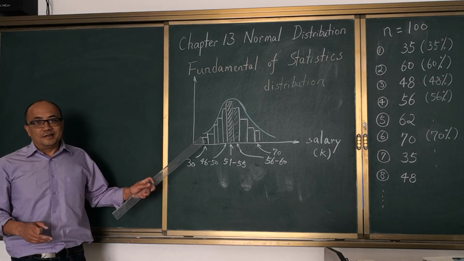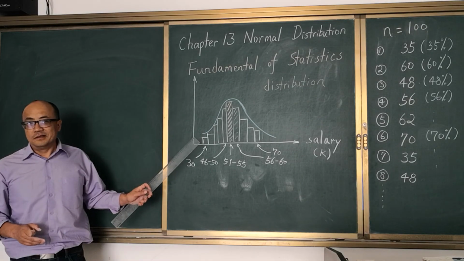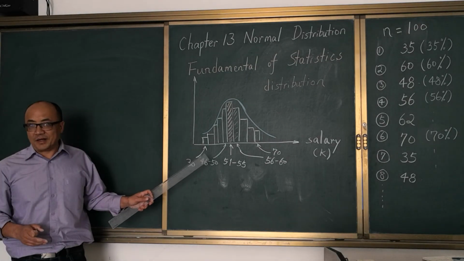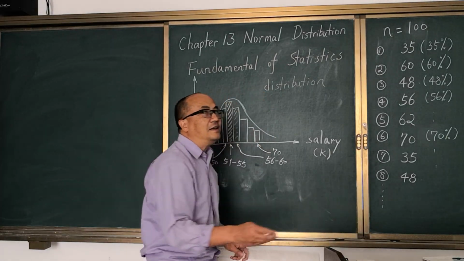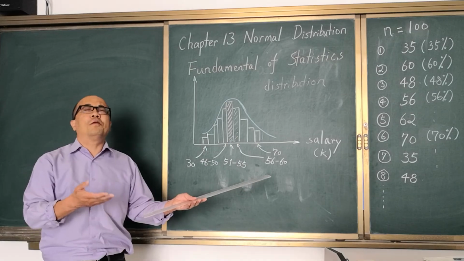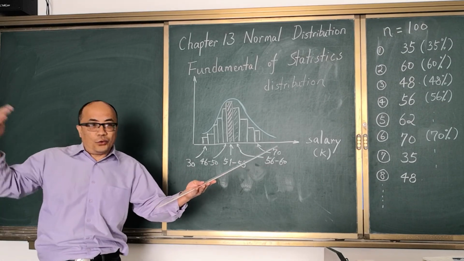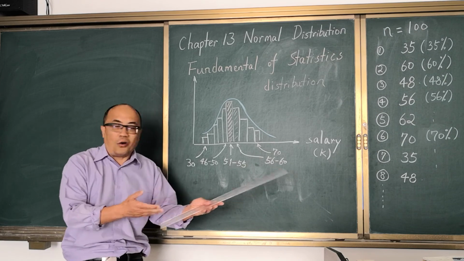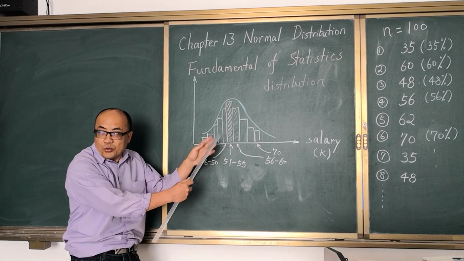Right. This will be very scary, which means people in Kunming, being rich or poor, is random. You randomly become rich or you randomly become poor, and mostly people are in the middle class. It's random.